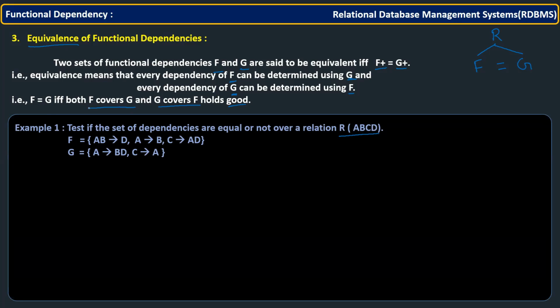So, F covers G. What is the meaning of F covers G? F covering G means that the FDs of G we are covering in F. Let us take the first FD, A derives BD, from G. That means the LHS part is A, find out its closure.